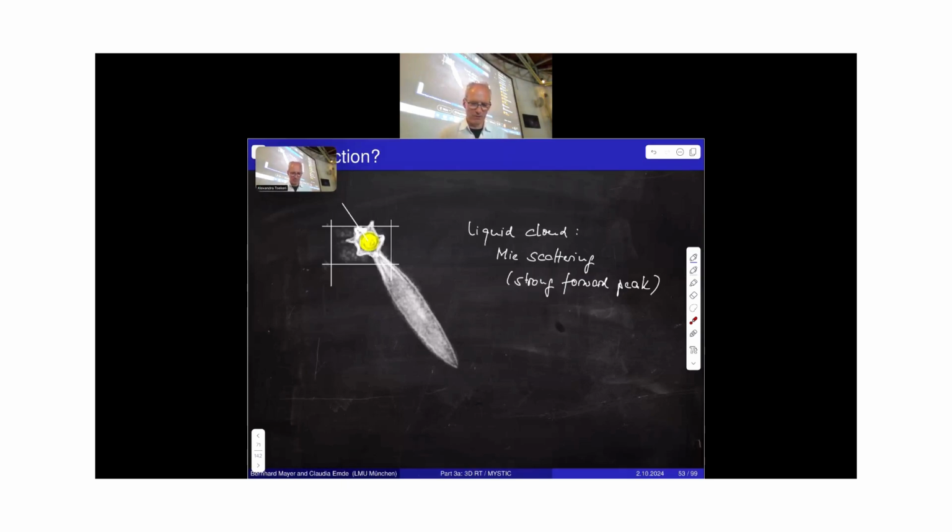A polar plot of the probability, and you see the most likely direction is this one, right in the forward direction. But there is the first rainbow here, second rainbow there, and backscatter glory in this direction. So it can be anything. This is what the algorithm decided for the new direction. And now you have a complete scattering event.